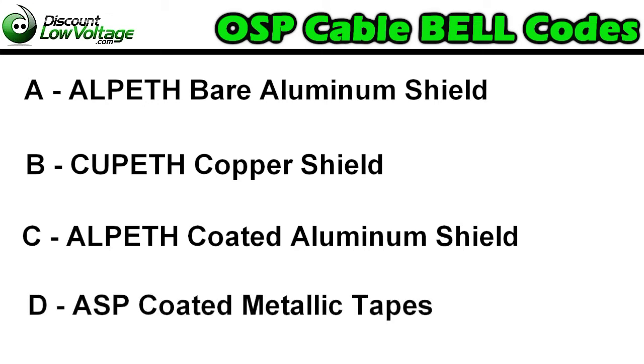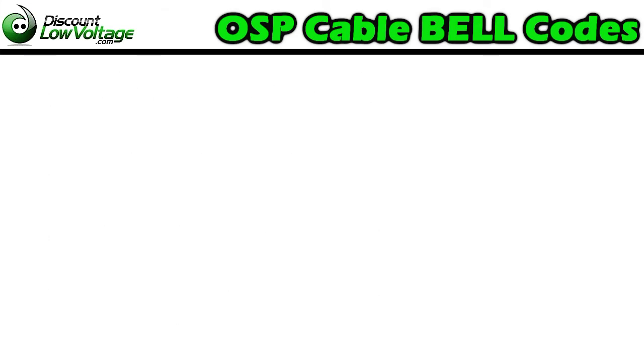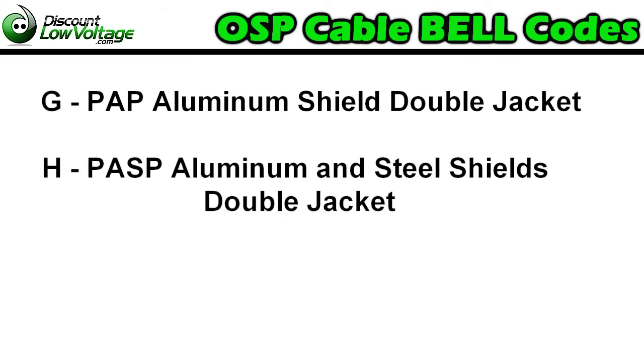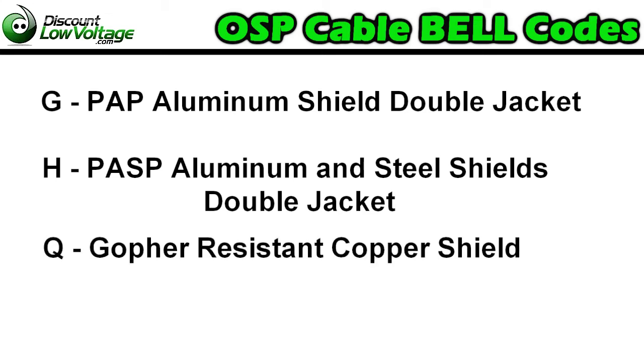D, ASP coated metallic tapes. G, PAP aluminum shield double jacket. H, PASP aluminum and steel shields double jacket. Q, gopher resistant copper shield.